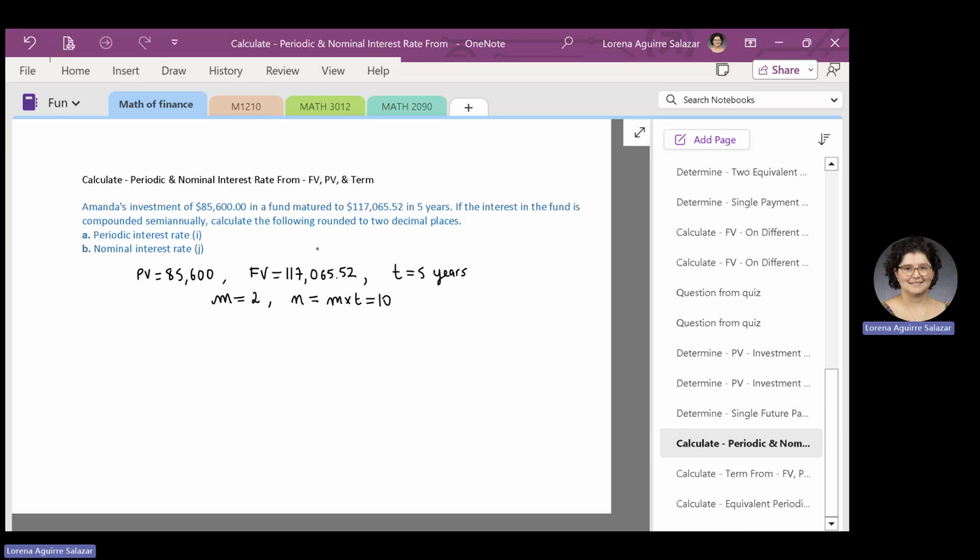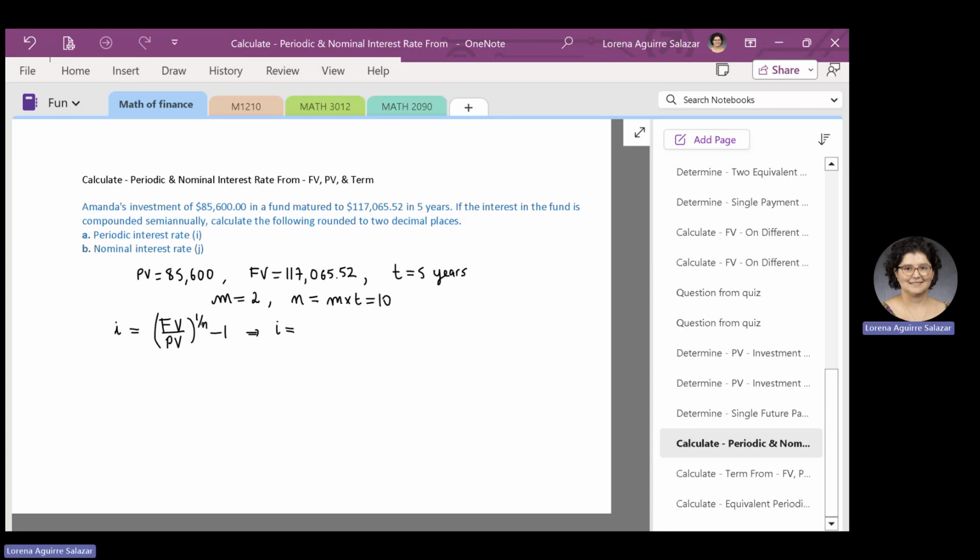Now, to find the periodic interest rate, that's denoted by i, we use a formula. That formula tells us that we compute the future value divided by the present value, all that raised to the power 1 over n, and then we subtract 1. This power 1 over n is the same as the nth root.